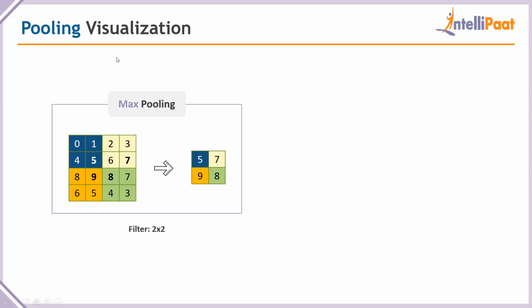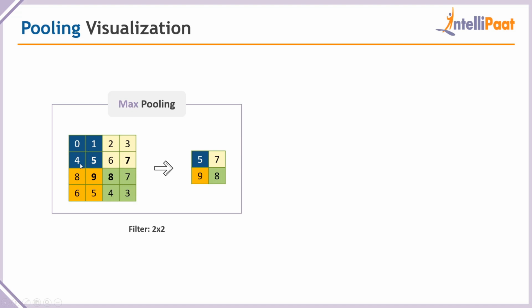Here I've color coded these aspects of the input matrix. With max pooling, let's consider the blue part. We can condense these four inputs into one single input just by picking the maximum element. As you can see, 0, 1, 4, 5. What's the maximum element here? It's 5.